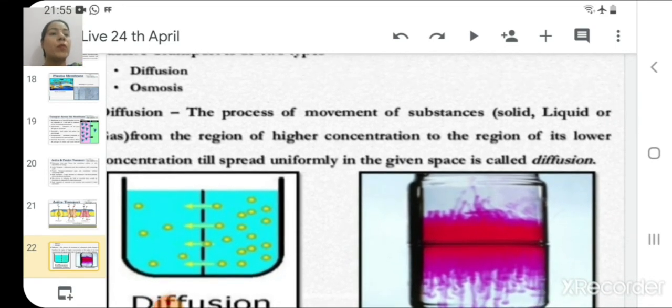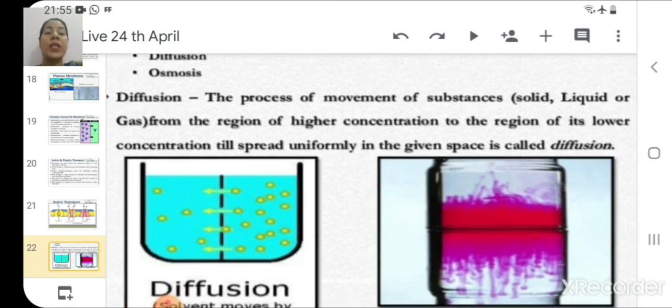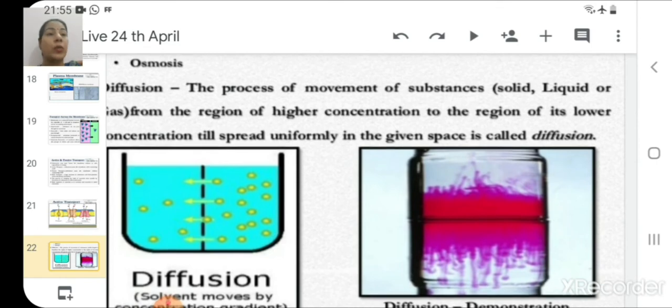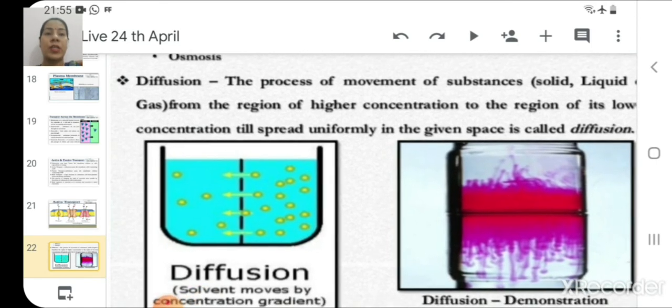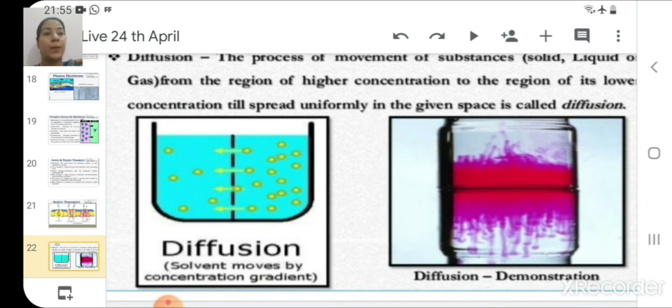Diffusion is a process of movement of substances, solid, liquid or gas, from the region of higher concentration to the region of its lower concentration till they spread uniformly in the given space. Let's take examples of diffusion from our day-to-day life. When your mother does the daily puja at home, she might use an incense stick or some dhoop batti, agarbatti, something like that.